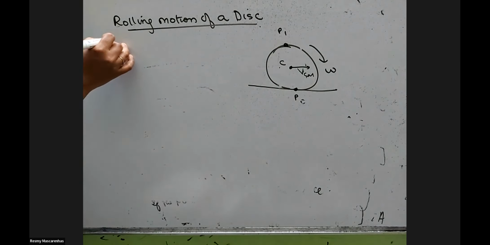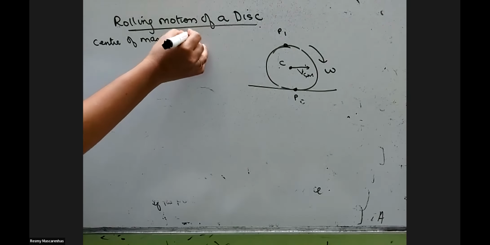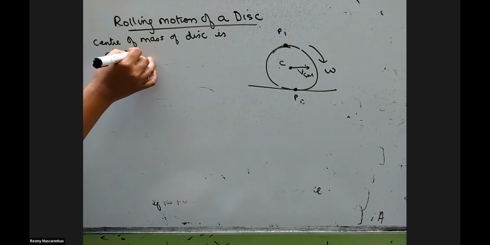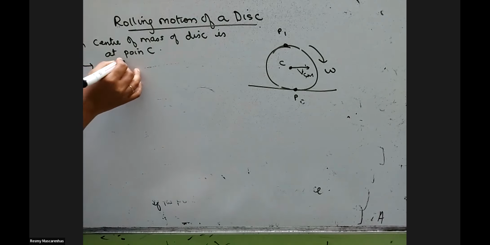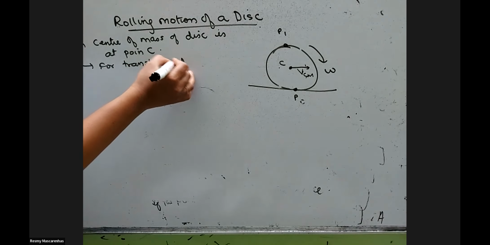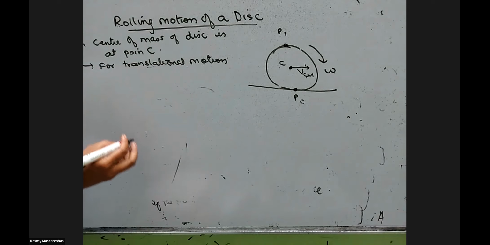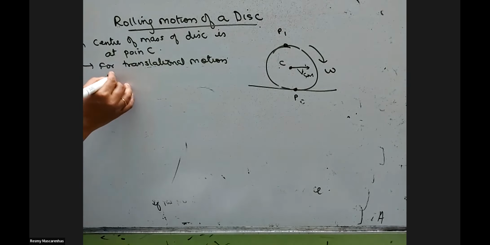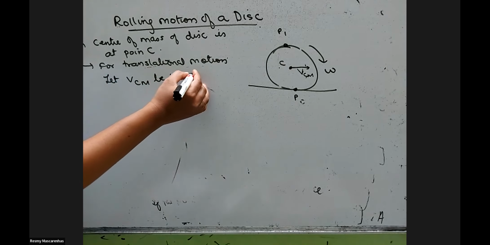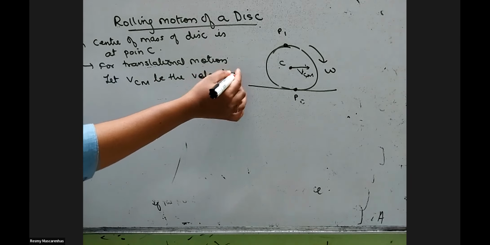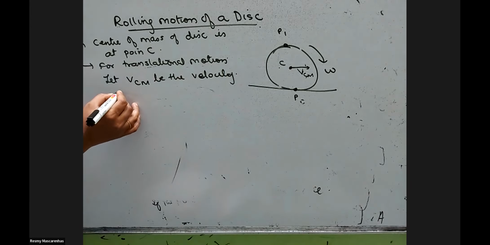The center of mass of this is at point C. So for translational motion, let Vcm be the velocity at point C.